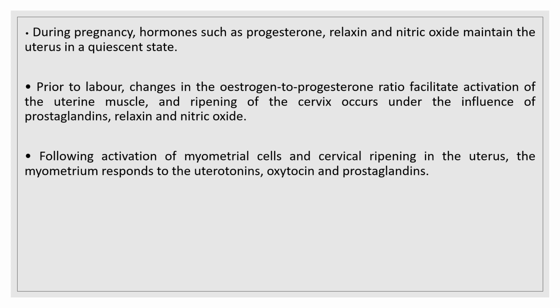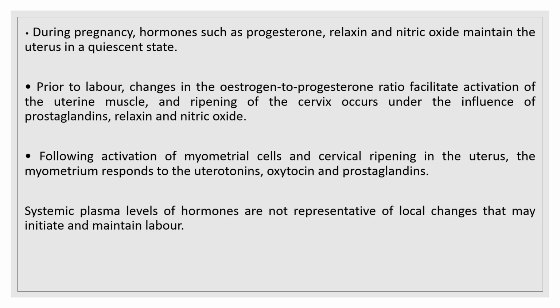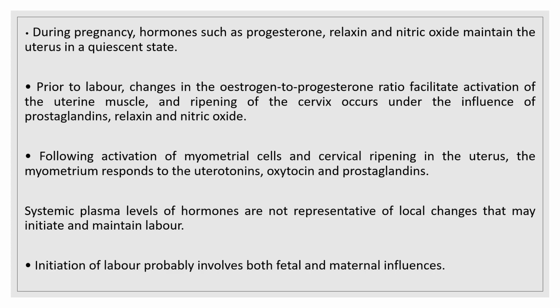Following activation of myometrial cells and cervical ripening, the myometrium responds to oxytocin, uterotonins, and prostaglandins. Systemic plasma levels of hormones are not responsive to local changes that initiate and maintain labor. Initiation of labor probably involves both fetal and maternal influence. We want to know what actually happens at the later part of pregnancy that initiates labor.